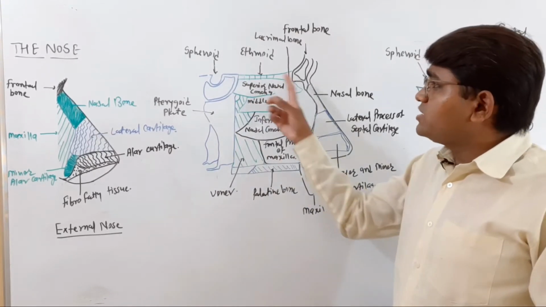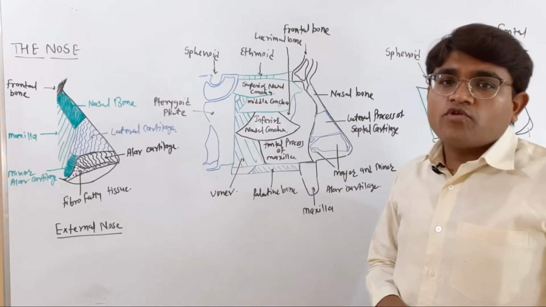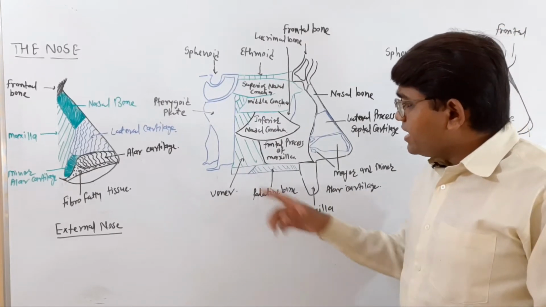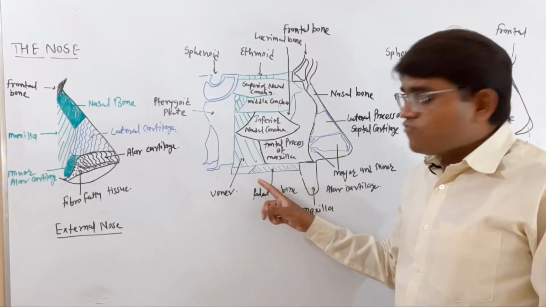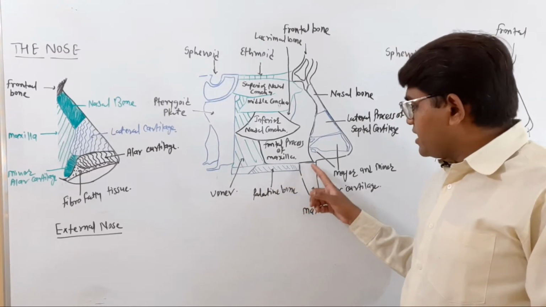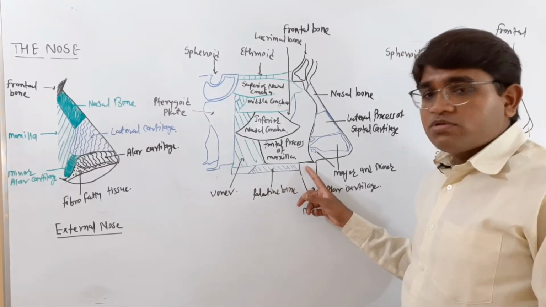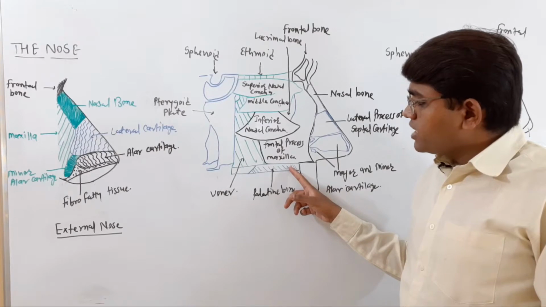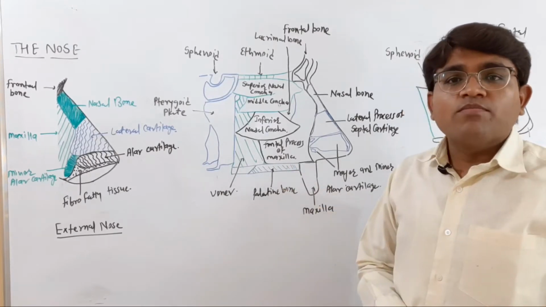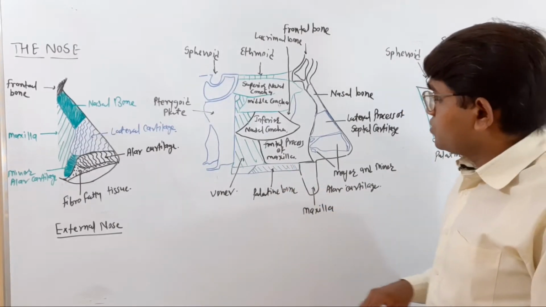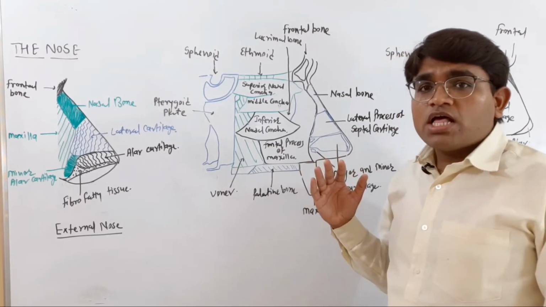The floor is mainly formed on the anterior side by the maxilla bone, and on the posterior side by the palatine bone.